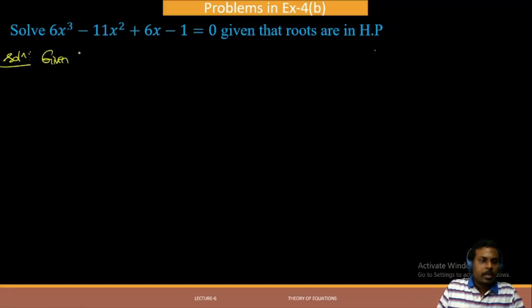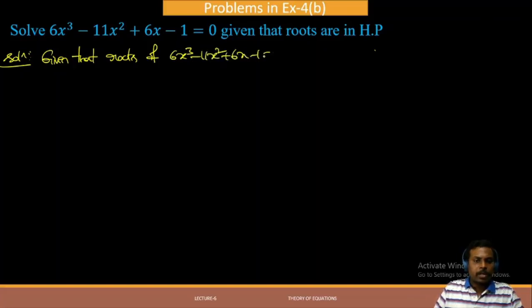Given that the roots of the equation 6x cubed minus 11x square plus 6x minus 1 is equal to 0, call it equation 1, are in harmonic progression.